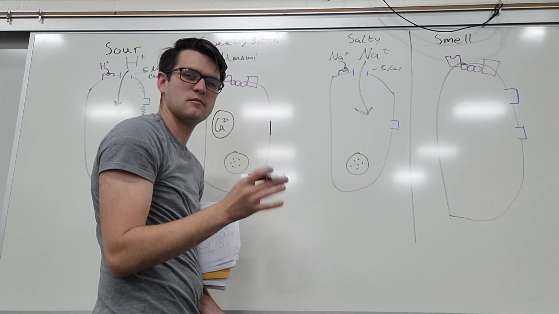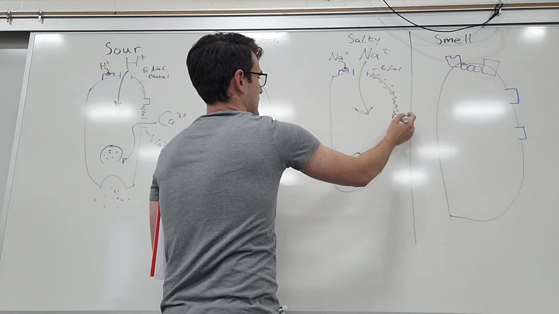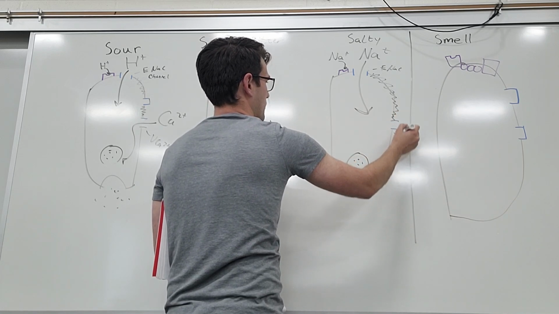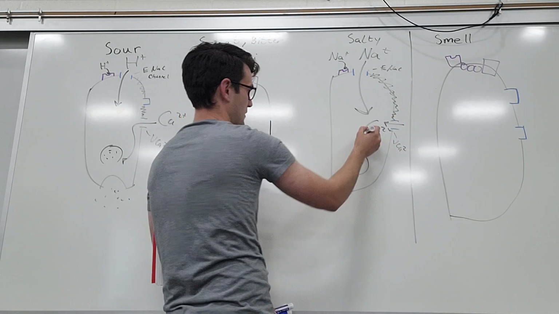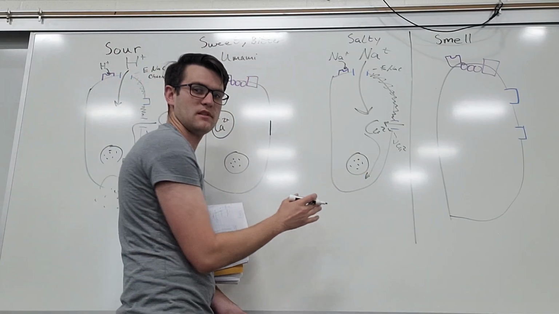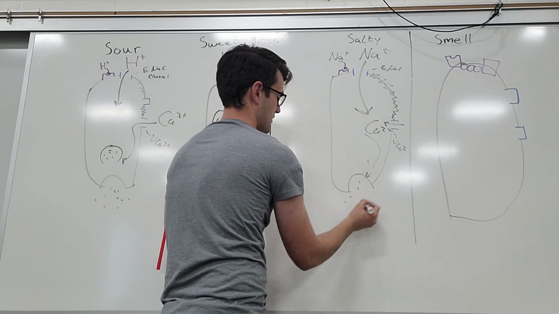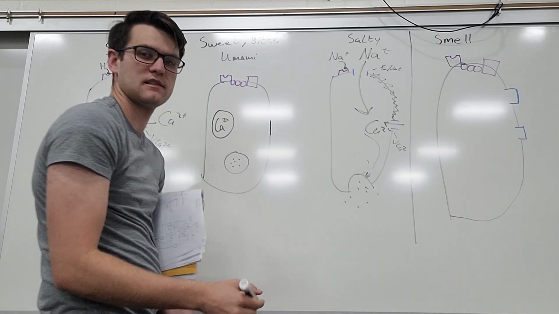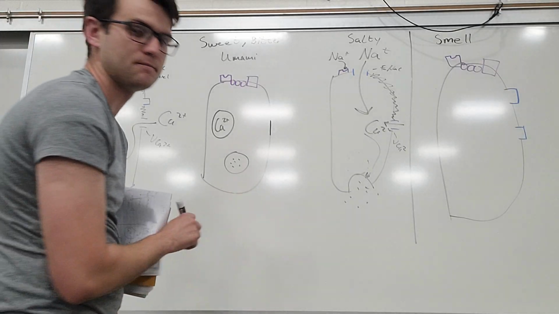There's no potassium channel we're going to worry about here, but the depolarization causes the voltage gated calcium channel to open, and calcium rushes into our cell. Same thing, it binds to the SNARE proteins on the vesicle and kicks the vesicle out via exocytosis, releasing the neurotransmitter, which synapses with the neuron and then travels to our brain.